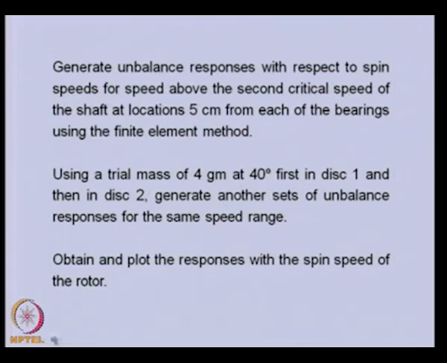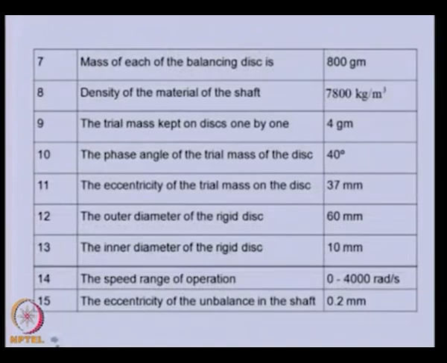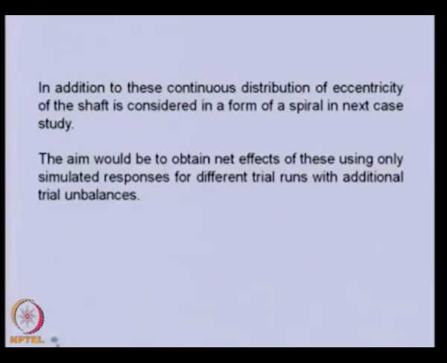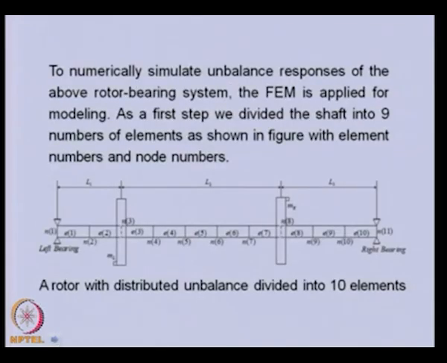So, now let us come to the finite element formulation of this. This is a rotor which we have divided into 10 elements, and the various nodes and elements are mentioned here. All the geometry of the rotor we know. So, with this we are able to obtain the elemental equation for a rotor.